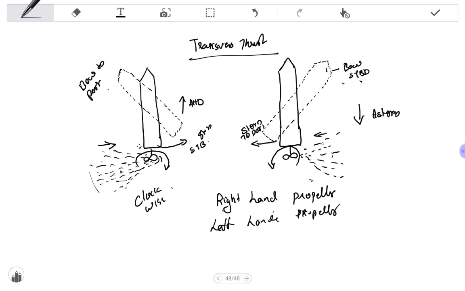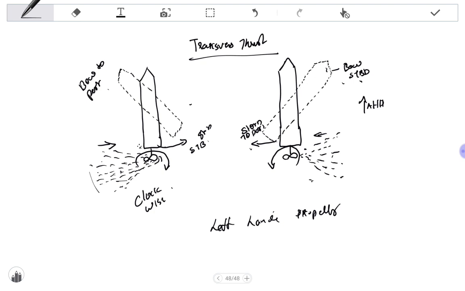So in case of a left-handed propeller, for getting ahead movement, the propeller will turn in anti-clockwise direction. So in anti-clockwise direction, water will go like this, and the stern will be coming like this, and the bow will be coming to starboard.